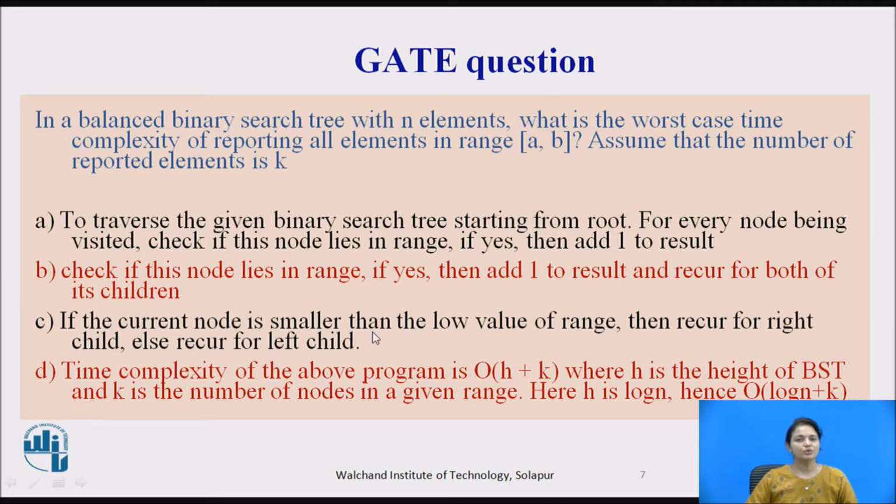If the current node is smaller than the low value of the range, then recurse for the right child. Otherwise we can go for the left side. It depends on whether the number is smaller or greater; accordingly we go left or right.